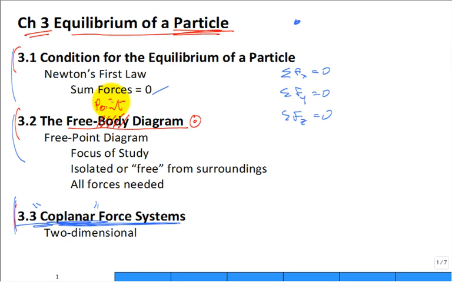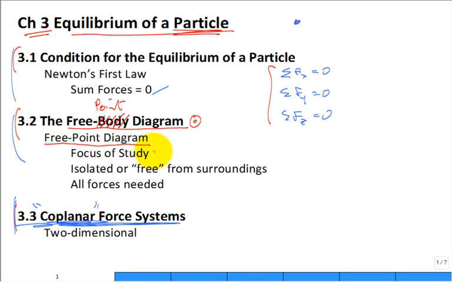So don't worry, next chapter when we get moments of forces, we'll get more sophisticated free body diagrams. But at this point, it's just so simple. Here's a point. And then the sum of the forces in x and the sum of the forces in y must equal 0 in 2D coplanar systems, and if you move to 3D, the same idea. We start to cut and focus on something.